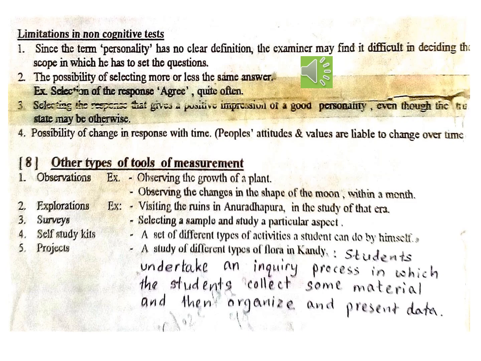Selecting the response that gives a positive impression or a good personality, even though the true state may be otherwise. What we really feel is something else, but we give the positive answer.